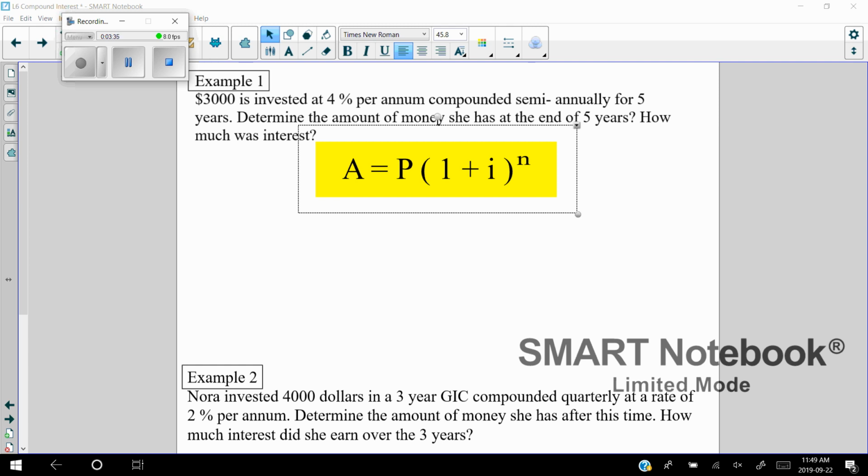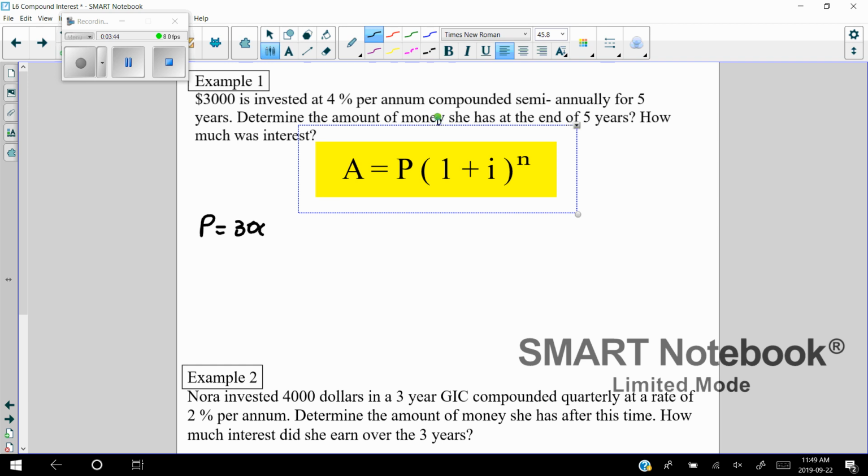So let's list what I know. I know that 3,000 is how much I started with. So in this case, that's going to be my P. P, my principal amount, is 3,000. 4% per annum, so my rate is 0.04. So that's 4% as a decimal. It's compounded semi-annually. Semi-annually means twice a year.